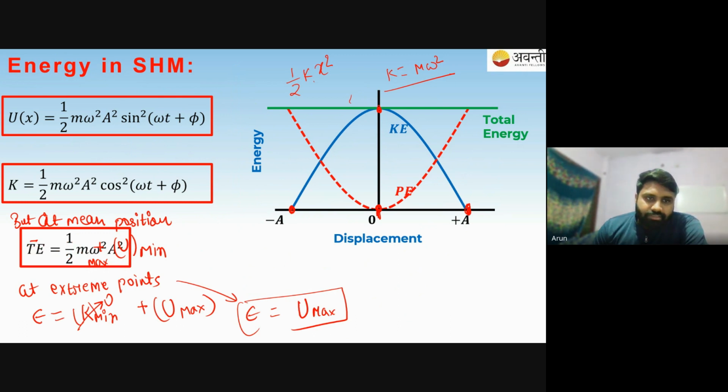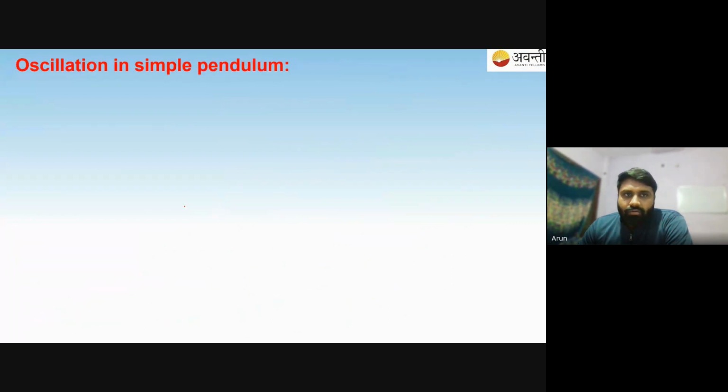That is the expression for total energy, half m omega square a square, which is obviously a constant quantity. So the total energy of any system executing SHM remains constant, and that is fulfilling the law of conservation of energy.